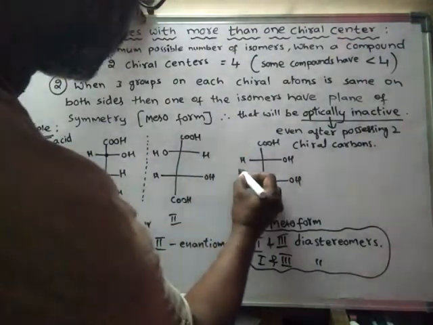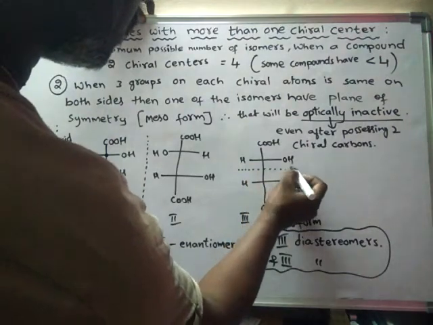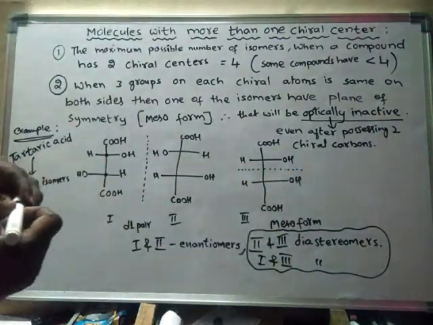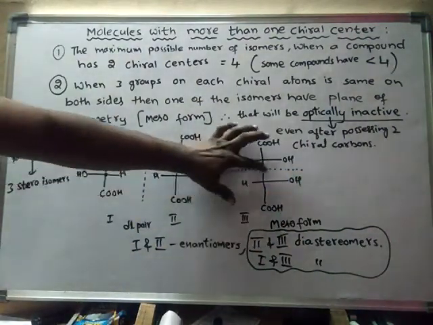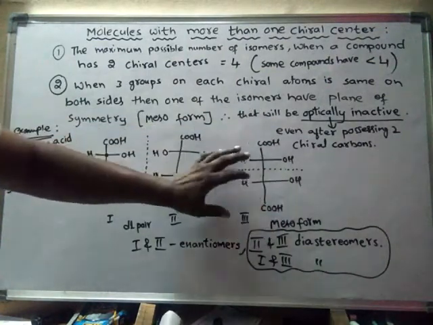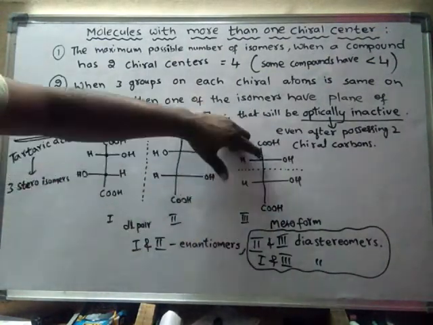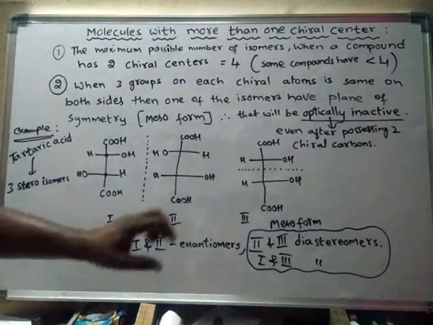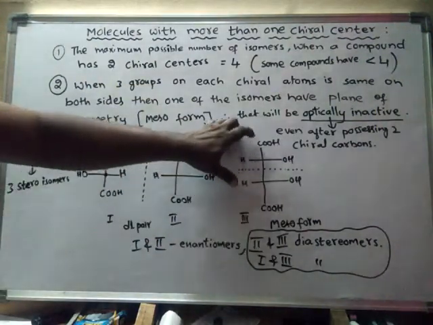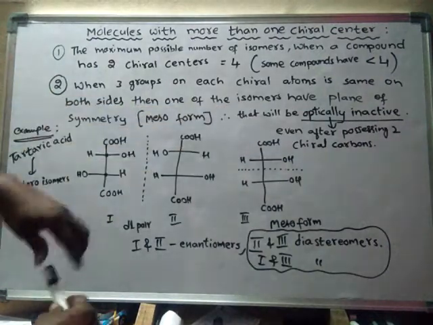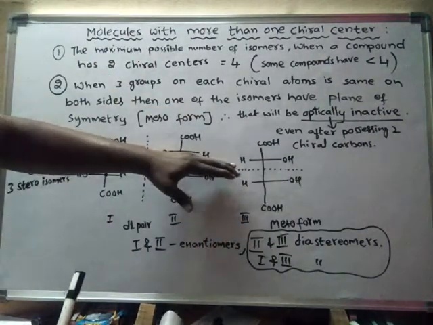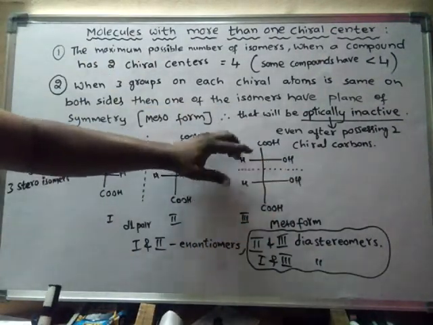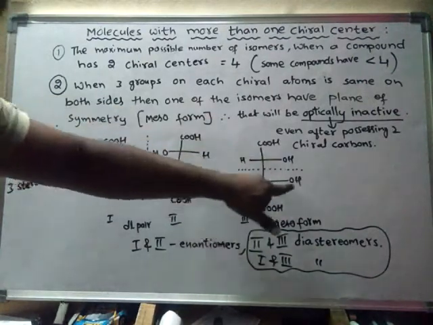If you draw a plane, it will divide this molecule into 2 equal halves which are exactly similar. So this half is exactly the mirror image of this half. Suppose you keep a mirror, then this part will appear like this part in the mirror.